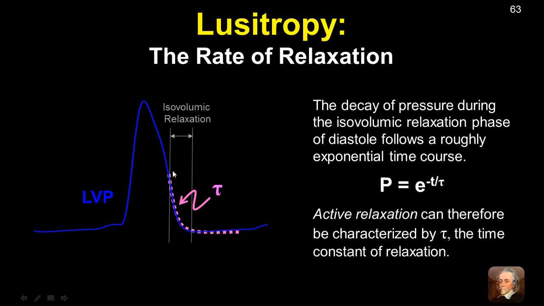As you probably know, relaxation is very sensitive to the energy supply to the myofilaments, and in ischemia and in hypertrophy and disease states where energetics are altered, the time constant of relaxation is one of the first things that is affected, and it's very sensitive to the energy supply demand on the heart.